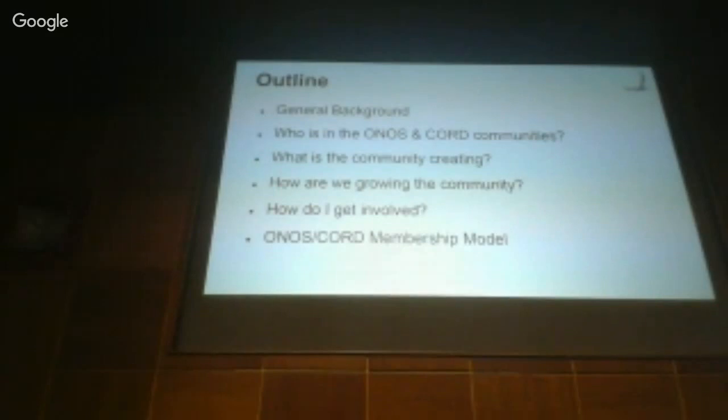I'll talk about what the community is creating, the contributions and the ever more diverse set of contributions that we're getting from the four corners of the world. We'll talk briefly about the efforts to grow our community. Andrea will give a little bit of an interlude on how everyone in this room can get involved in ONOS CORD if you're not involved already. And last but not least, we'll be talking about the ONOS CORD membership model.